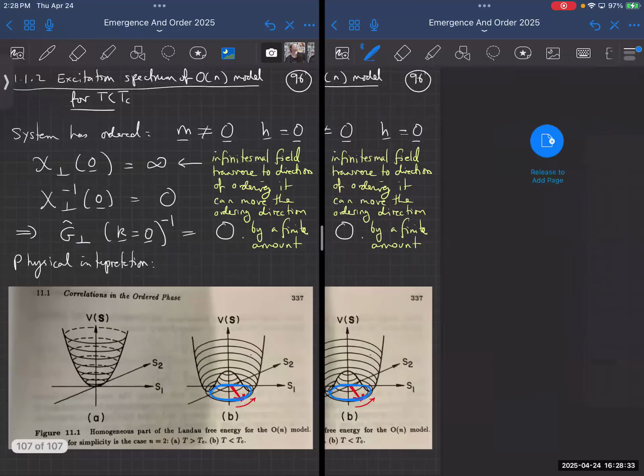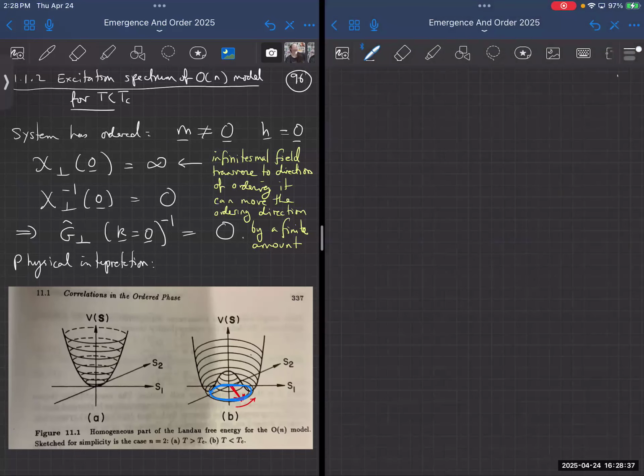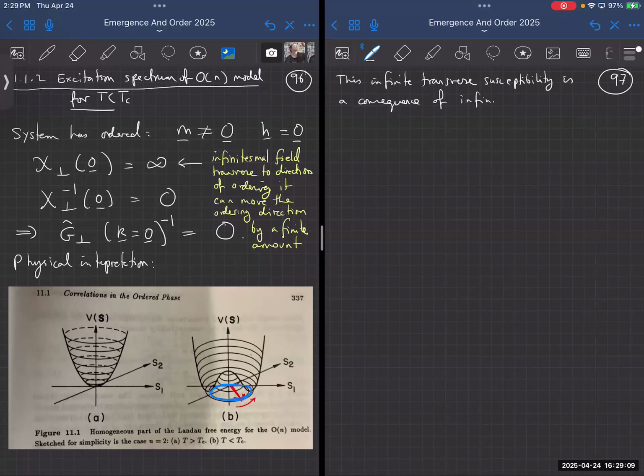So let me write that down. This infinite transverse susceptibility is a consequence of the infinitely degenerate minima of the Landau free energy, or the effective Hamiltonian, below TC.